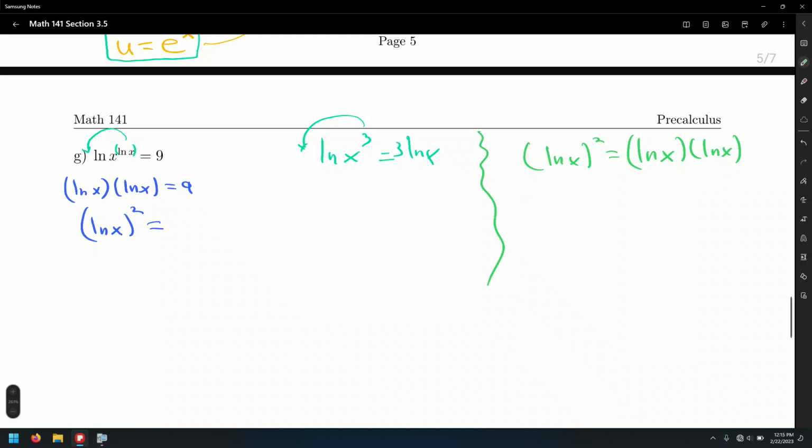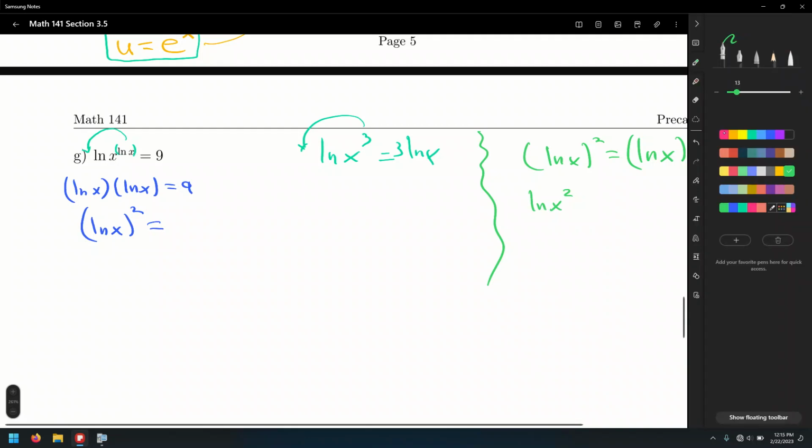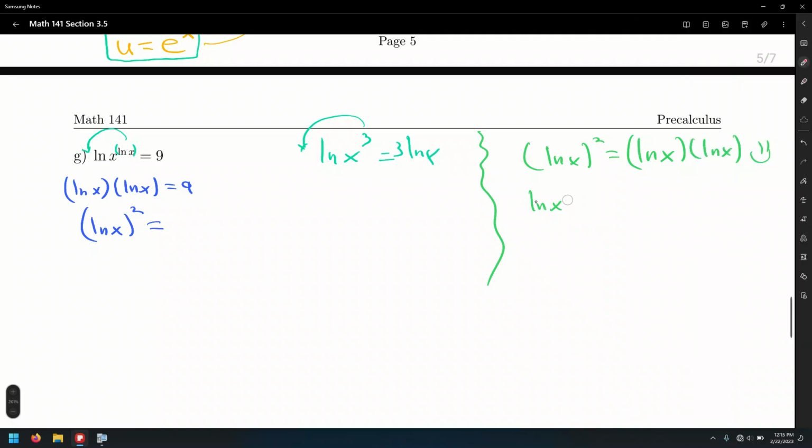Now, ln of x squared, so this is fine right here. However, ln of x squared is not equal to ln of x times itself. Because this power right here, notice the position of the power.